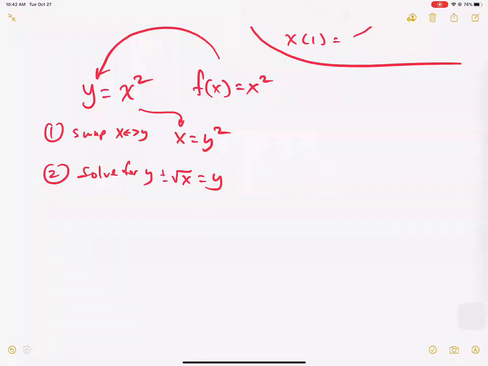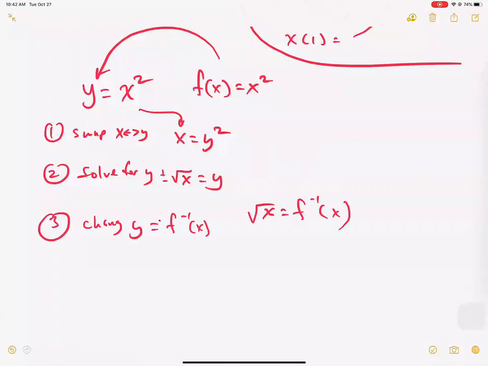Whenever you take a square root, you have to include the plus and minus. And then one more step, step 3, is you change y to become f inverse of x. So square root of x is equal to f inverse of x.